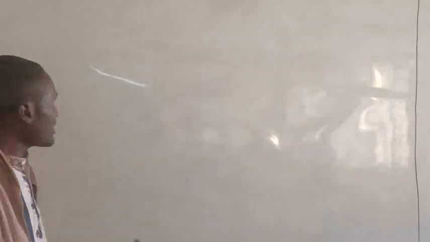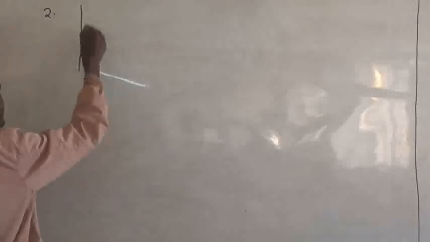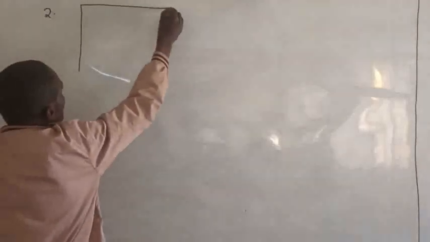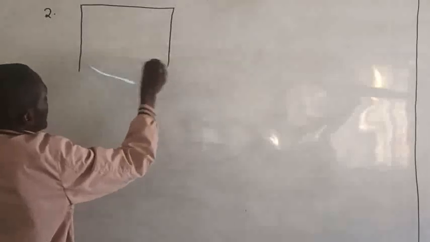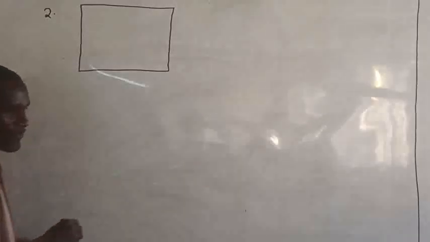So we can first come up with a rectangle, so that is question 2, and then you can get the dimensions given in the question. So literally, this can be a sketch of a rectangle they are referring to.